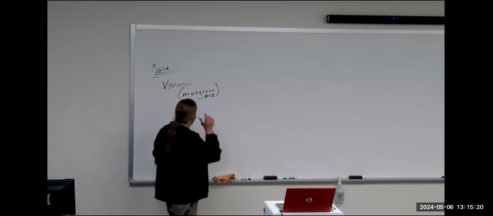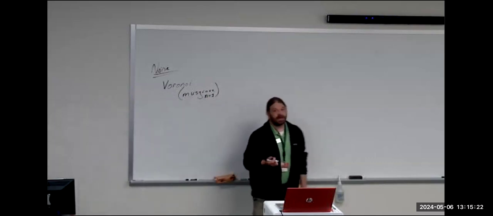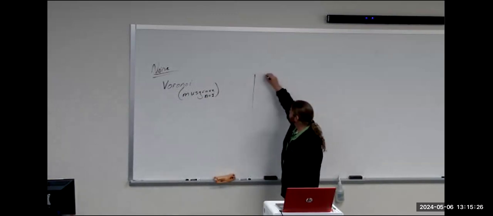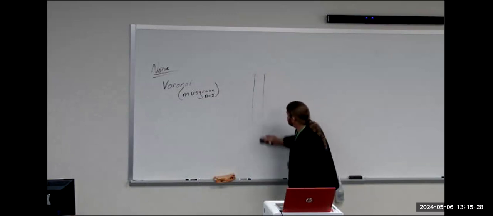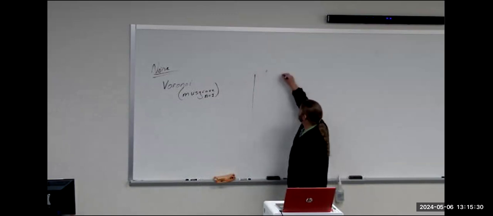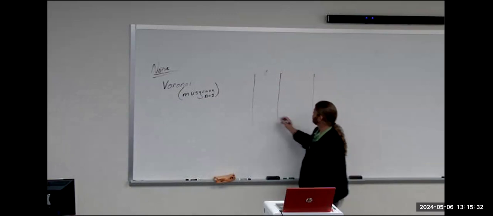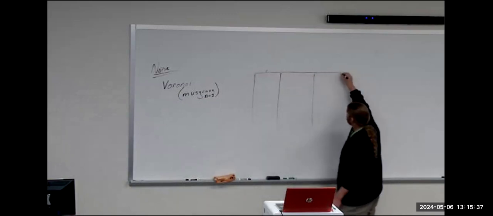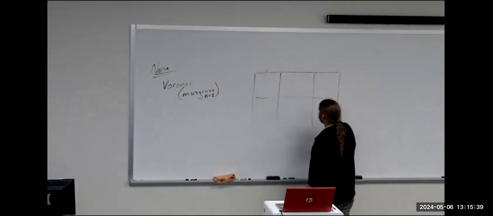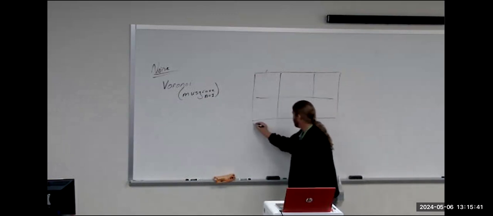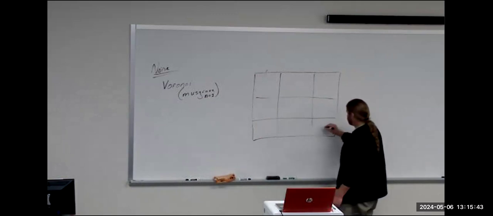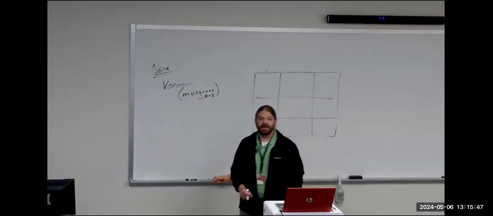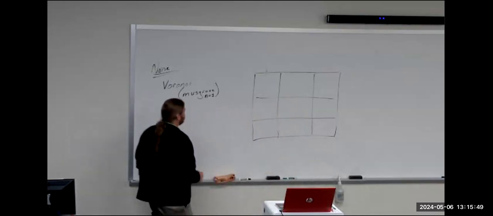So for Voronoi noise, which is also a Musgrave noise with n equals 1, we start with a nice big grid, like a 3x3 on the board. So we start with a grid, and then we pick a random point in each grid space.